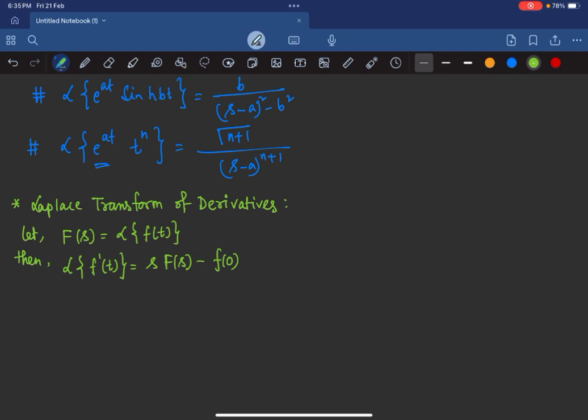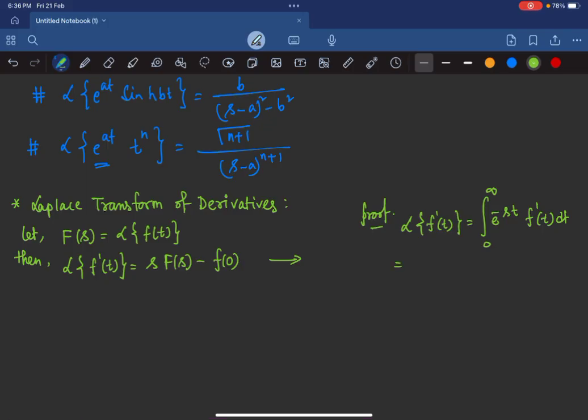Okay, similarly, if you want the proof for this, from the direct definition you can apply proof. Here I'm just giving you the outline of the proof. If anyone is interested, you can go through this. Laplace of f dash t I want, so integral 0 to infinity e power minus st f dash t dt.